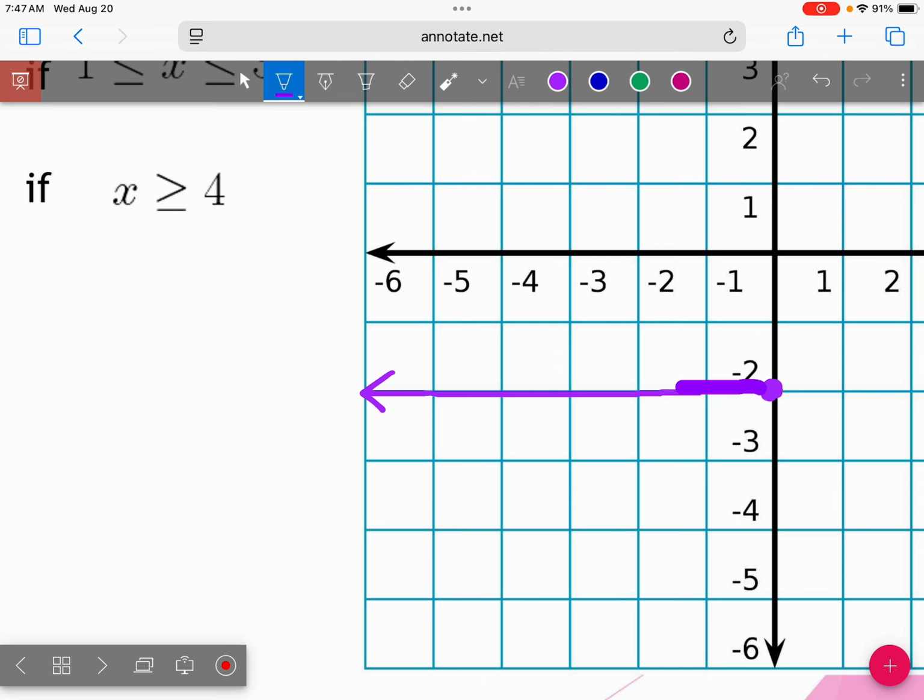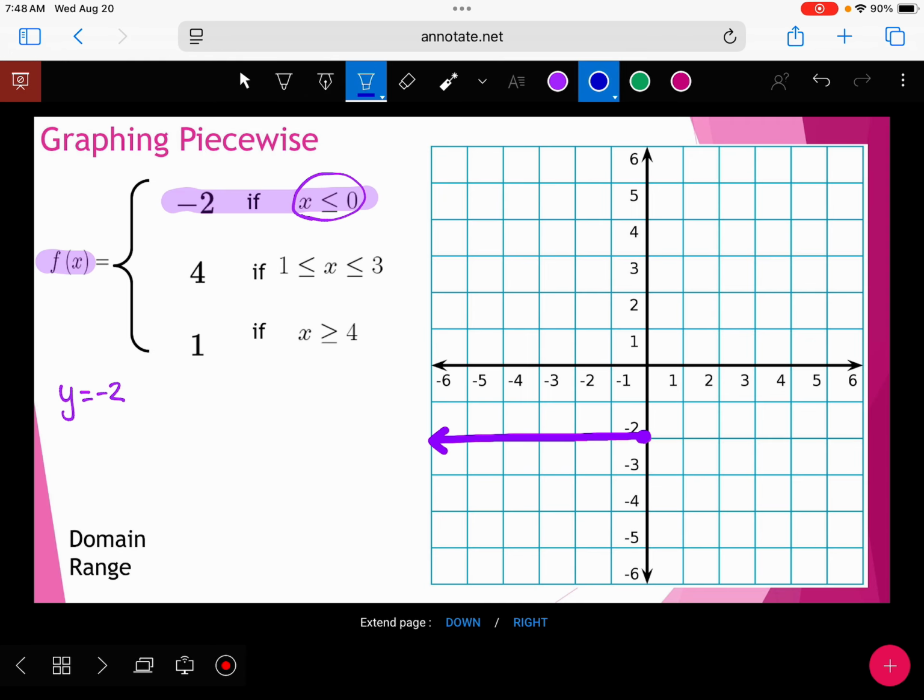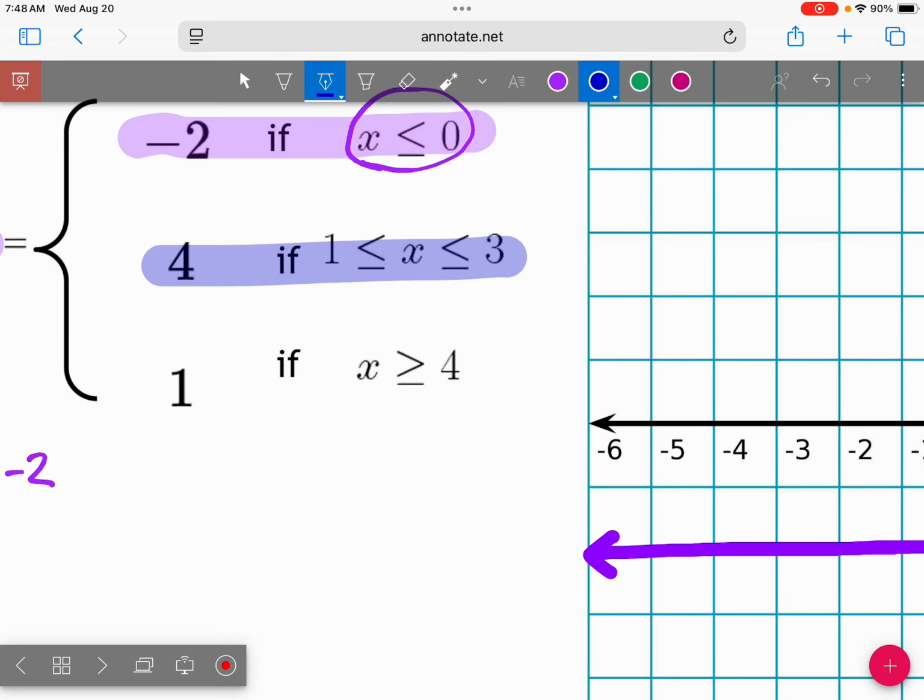So your line should look like this. And this continues onwards down into the negatives because my x is smaller than 0. It's not cutting it off at any point. If we look at my y equals 4 here, y equals 4, but only when x is between 1 and 3, y equals 4 happens up here.